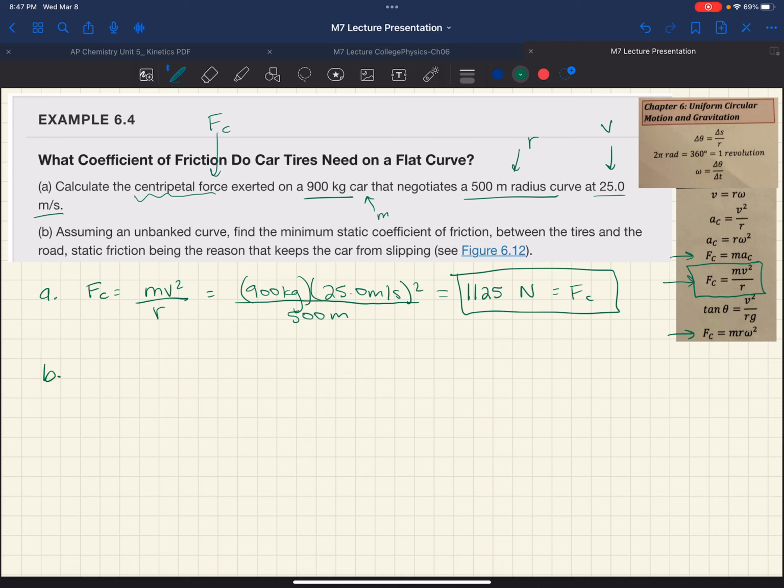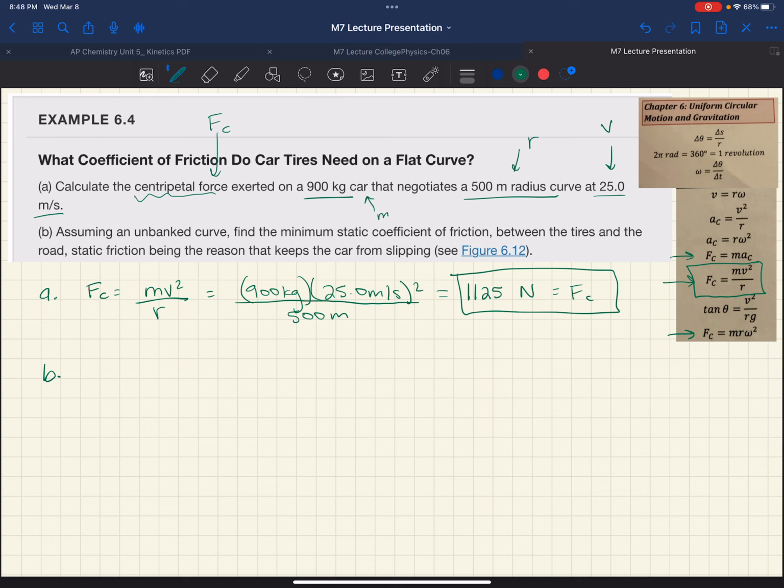Now let's look at part B. It says, assuming an unbanked curve, find the minimum static coefficient of friction between the tires and the road, static friction being the reason that keeps the car from slipping. So if you think back to the lab you did a couple of weeks ago regarding friction, the static friction was what prevented that block from moving on the metal track.